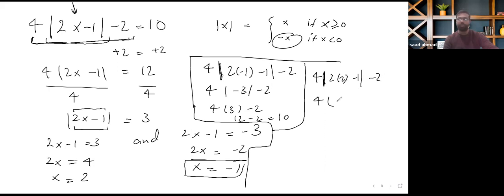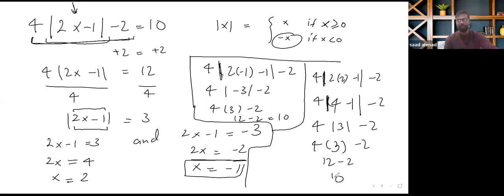So 4 times the absolute value of 3, which is 3. So it will be 12 minus 2, that will be 10. So you see, for these 2 points, x equals 2 and x equals minus 1, they give 10 for this absolute value equation.